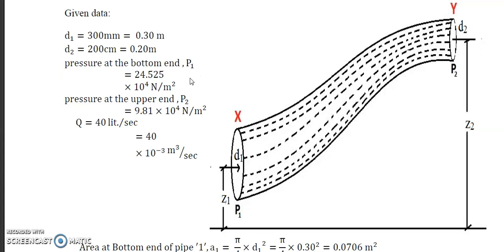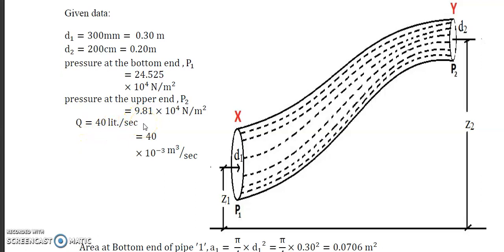Then you have to convert Newton per centimeter square to Newton per meter square, so you have to multiply by 10 to the power 4. So finally you are getting 24.525 into 10 to the power 4 Newton per meter square. Like that, the pressure at the upper end P2 is given 9.81 into 10 to the power 4 Newton per meter square. And in this question, Q is equal to 40 liter per second.